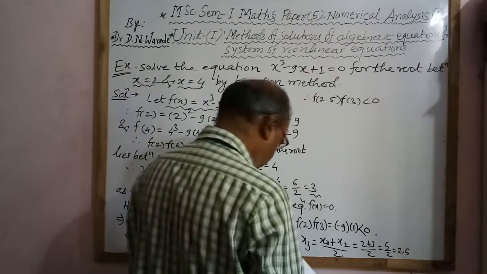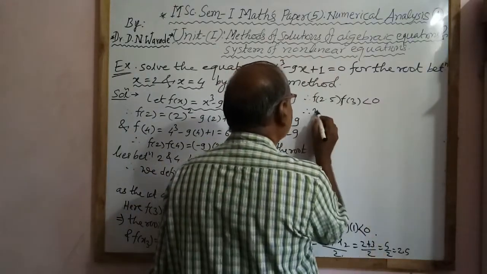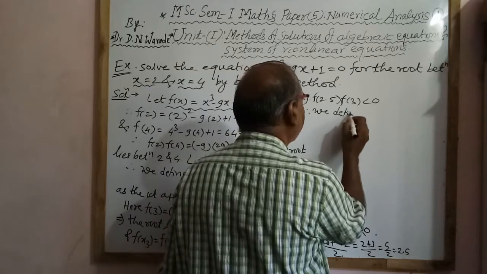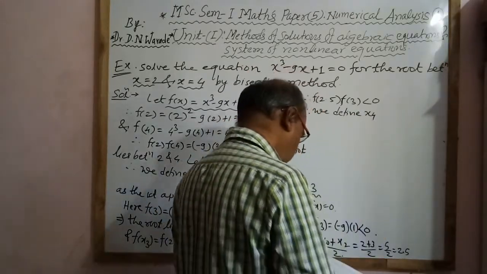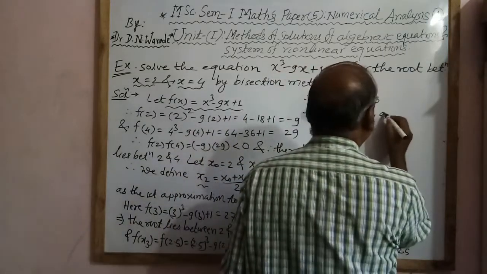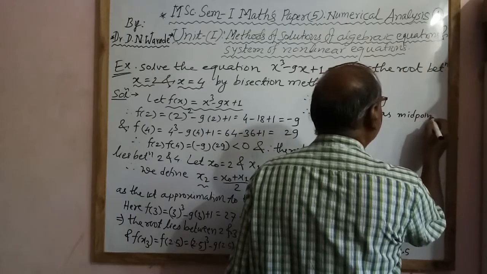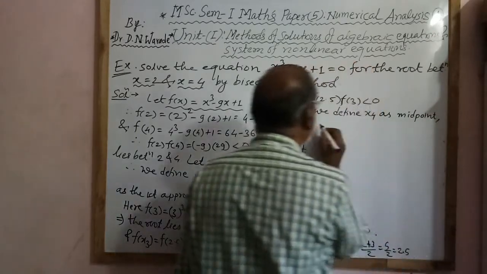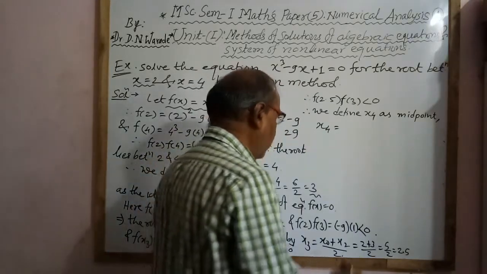Therefore we define x4 as the midpoint: x4 equal to x2 plus x3 divided by 2.